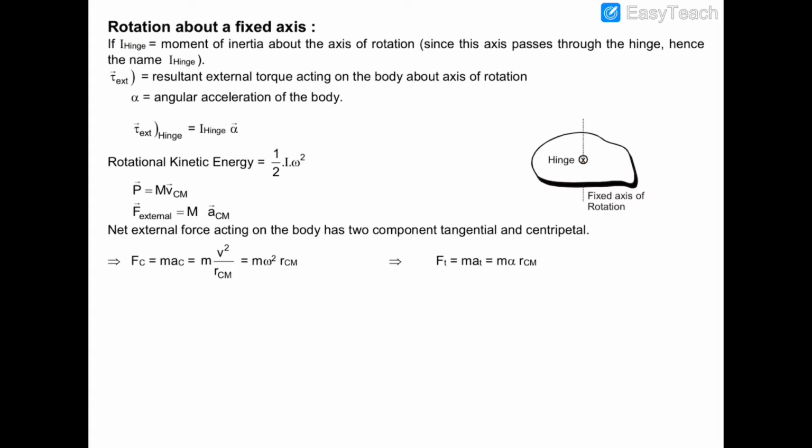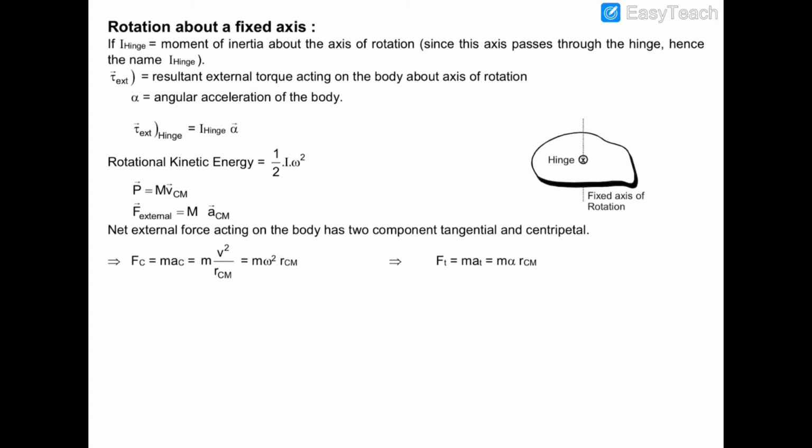Now I hinge is the moment of inertia of that body about an axis which is passing through that hinge, tau external is the resultant external torque acting on that body about this axis of rotation, and alpha is the angular acceleration of the body.